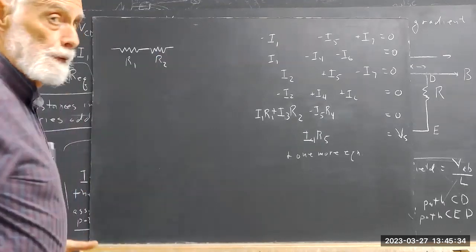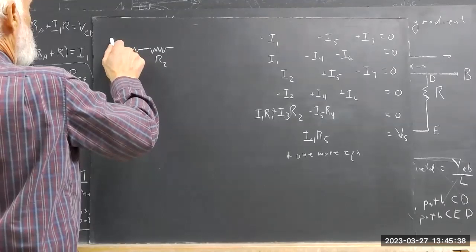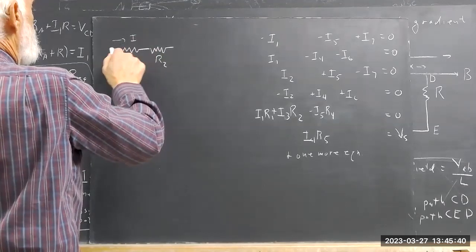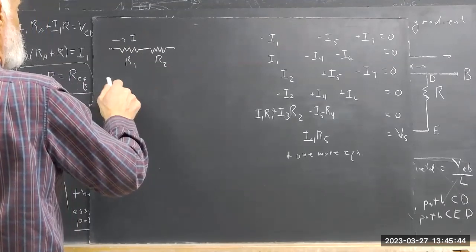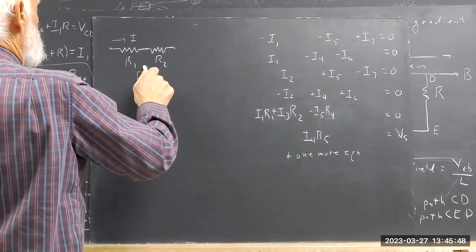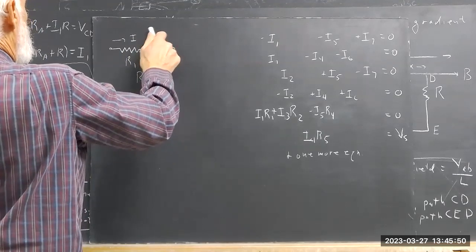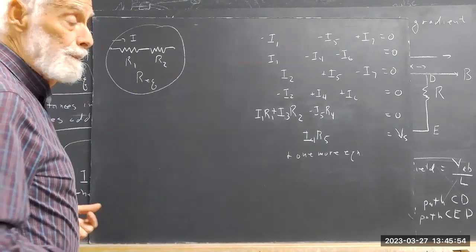The two resistors R1 and R2, their current I, same current. What's the equivalent resistance of this?